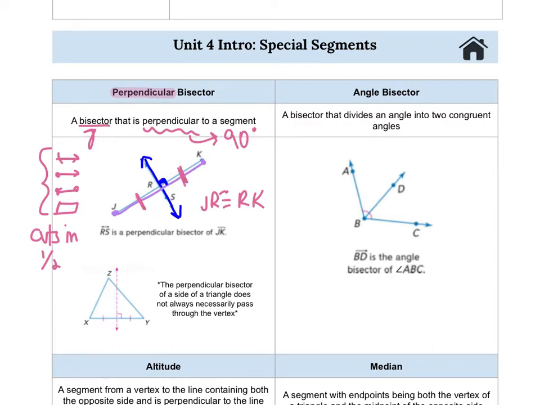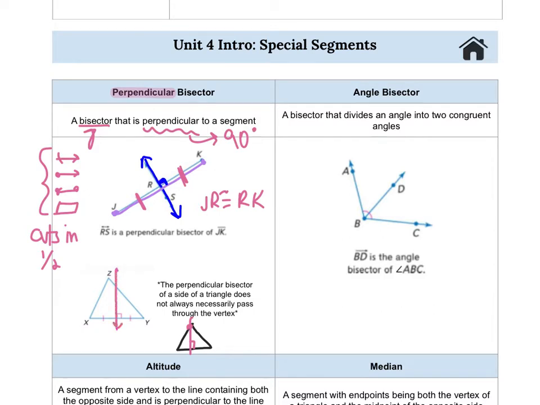As far as a perpendicular bisector goes in triangles, it's not always going to go through the vertex. Sometimes you might see a perpendicular bisector that looks like this, and it goes through that point right there. But keep in mind, it's not always going to go through the vertex.